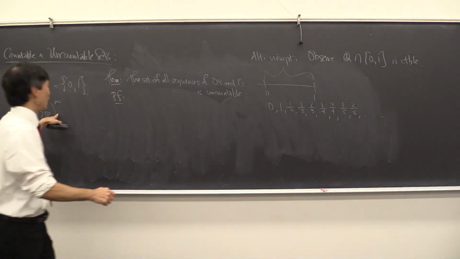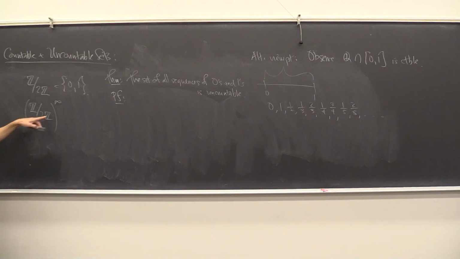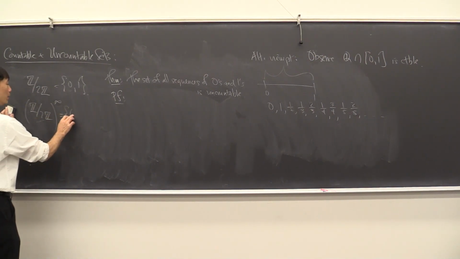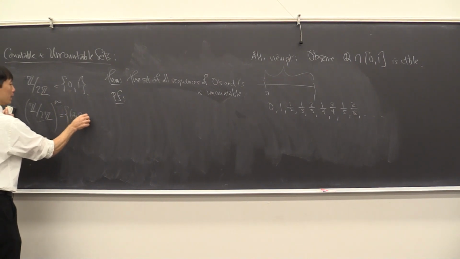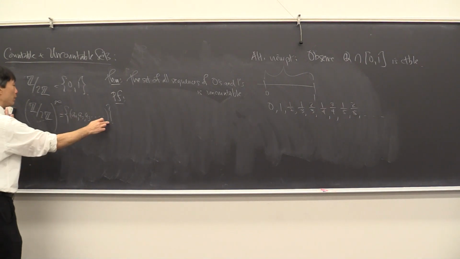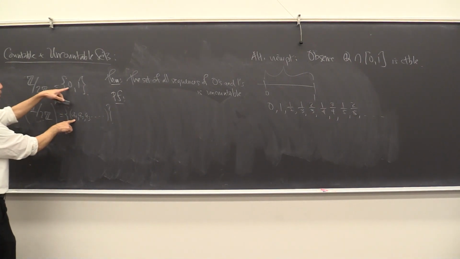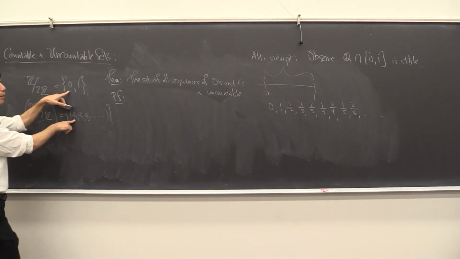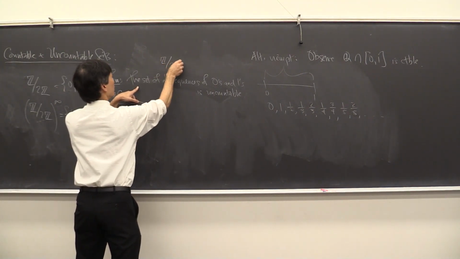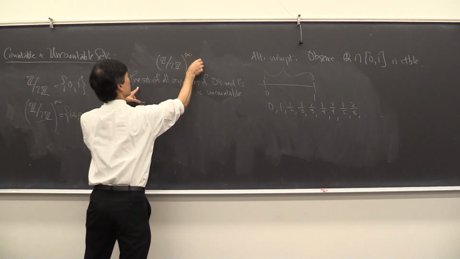That's what I mean by this thing: you take infinitely many entries A1, A2, A3, and so on. It's an infinite sequence where each entry is 0 or 1. So the theorem is that this set is uncountable.